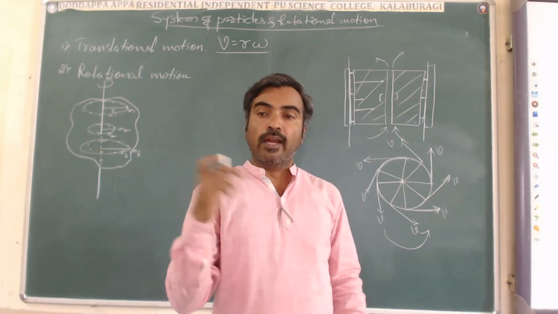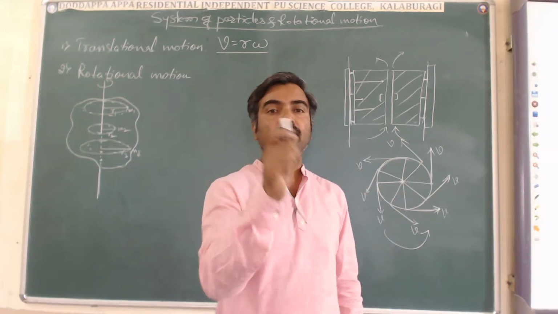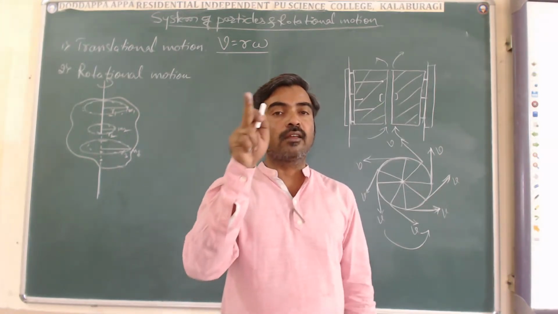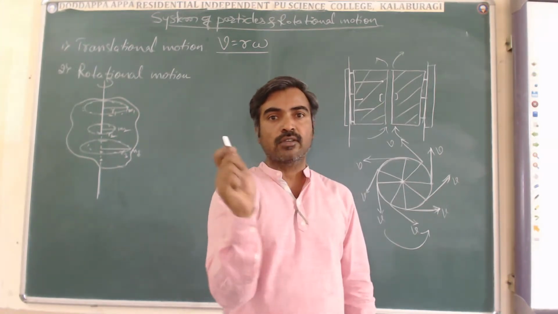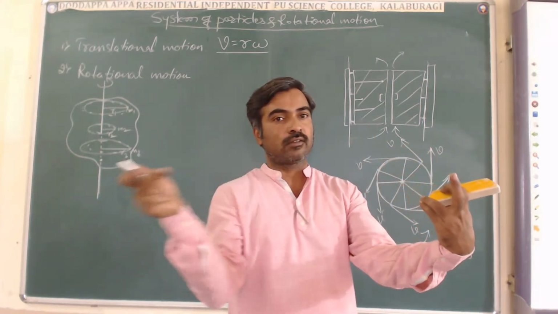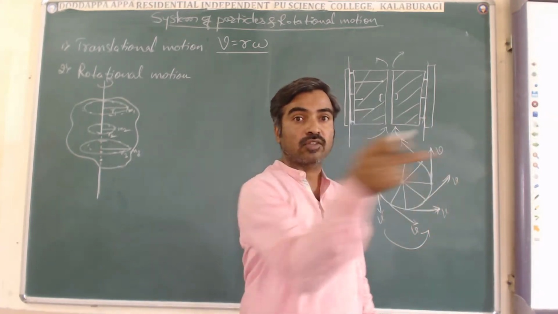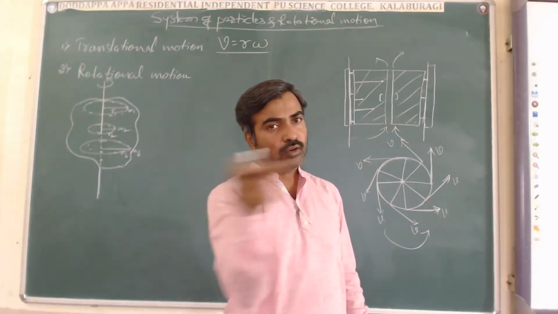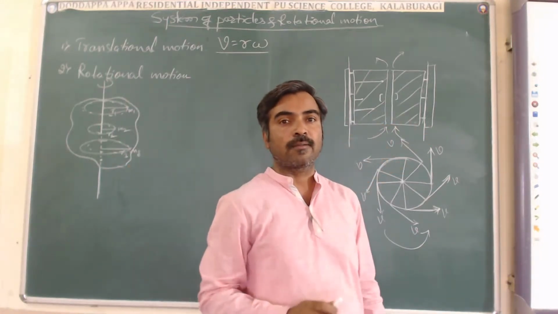It depends on at what position you have left that thread. So that is the linear velocity when you rotate like this. Suppose, imagine when the stone comes here, if you leave it, the stone will go like this along with the thread. It won't rotate again. It will go like this. That is the linear velocity.